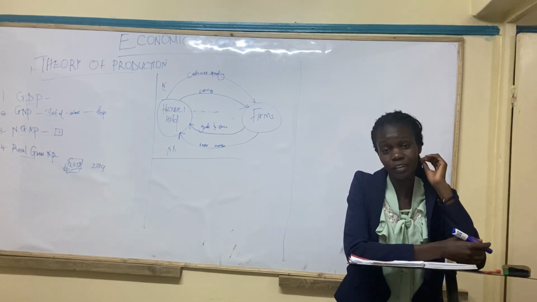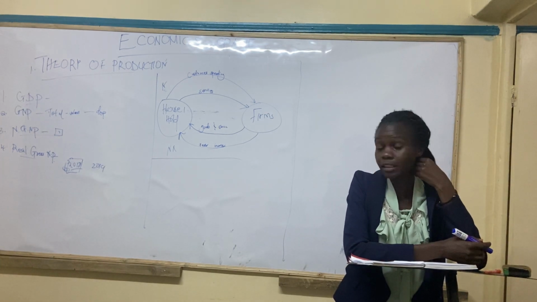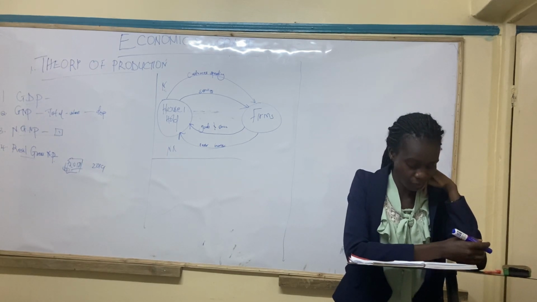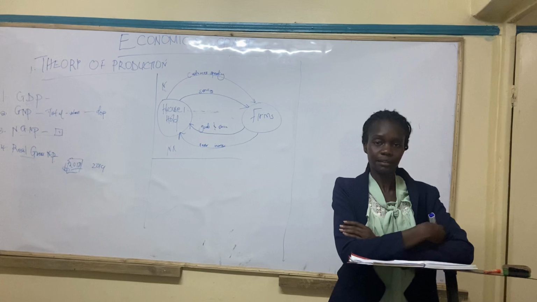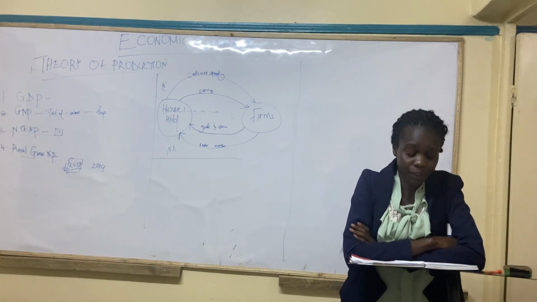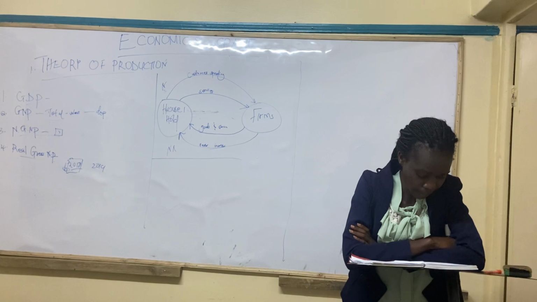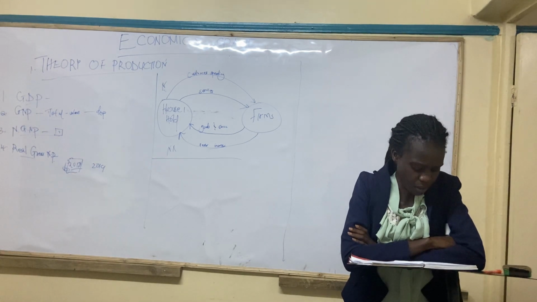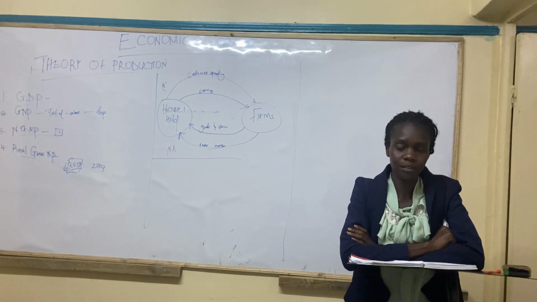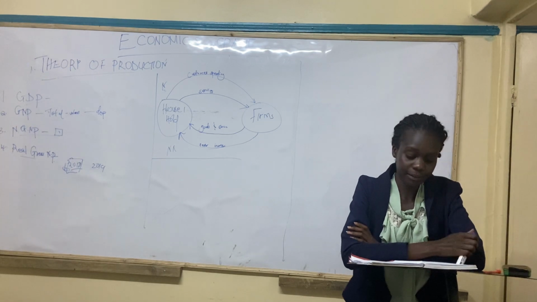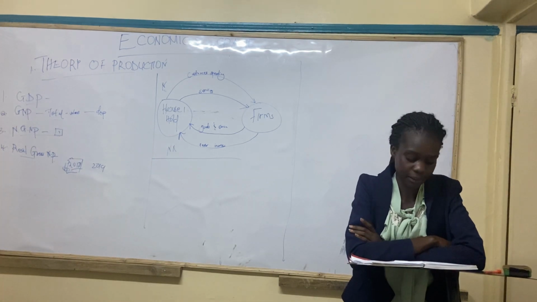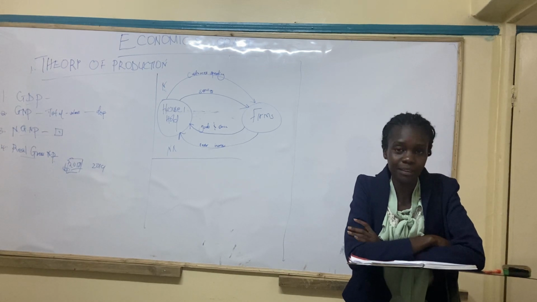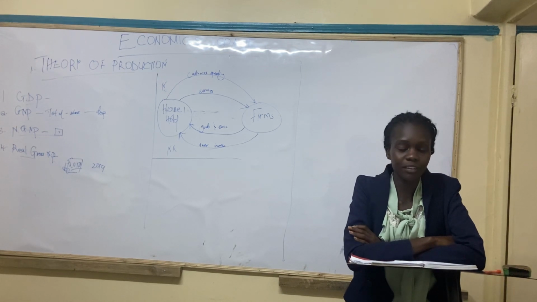So there are national figures from GDP, GNP, and others, and we have uses of those figures. The first use is comparing the standards of living of that specific country. The second one is comparing standards of living between different countries.